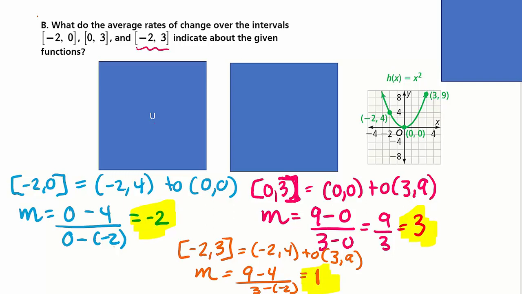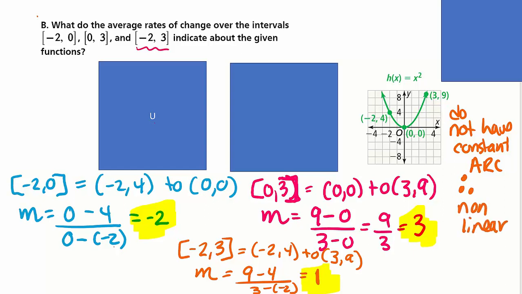So in conclusion, we do not have a constant average rate of change, therefore non-linear function. And that's it.